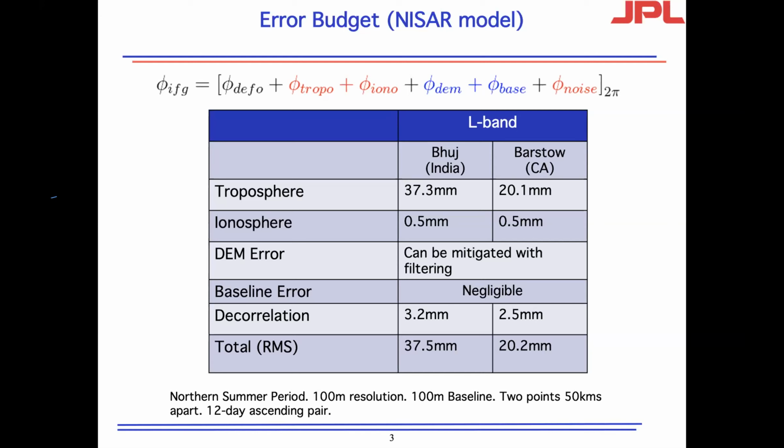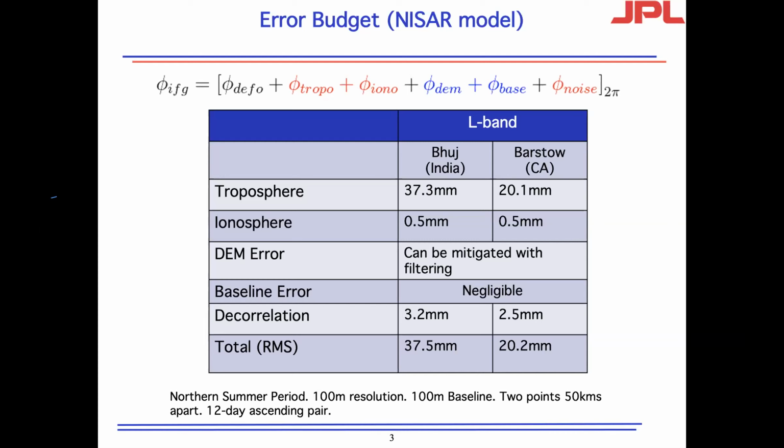Then if you look at the ionosphere, that is a small magnitude here, about 0.5 millimeter. The assumption in this was also that ionospheric corrections have already been performed using split spectrum processing. We should keep in mind that the ionosphere can also be of large magnitudes, especially on the absolute delays.